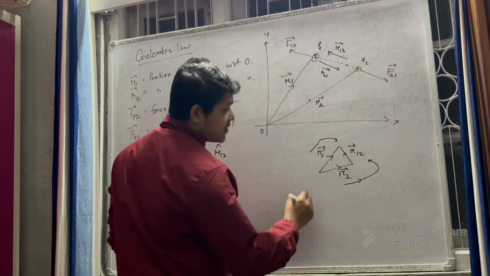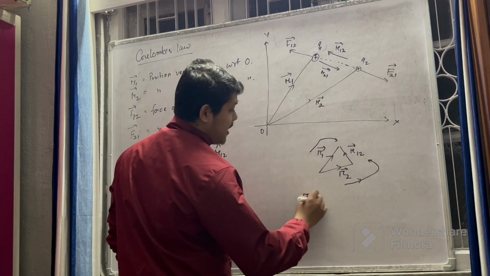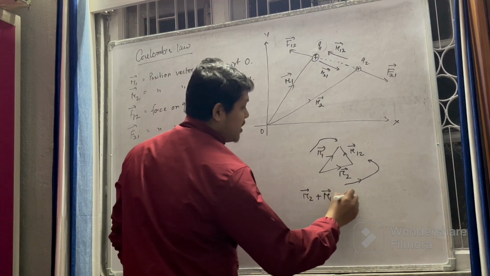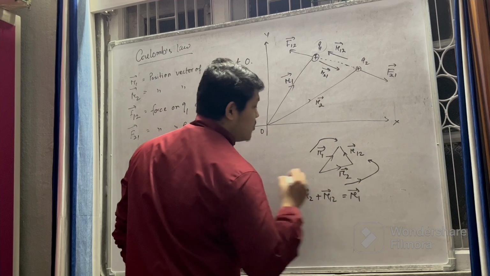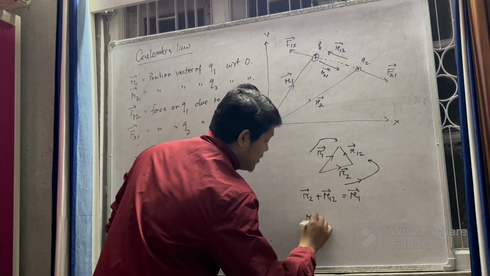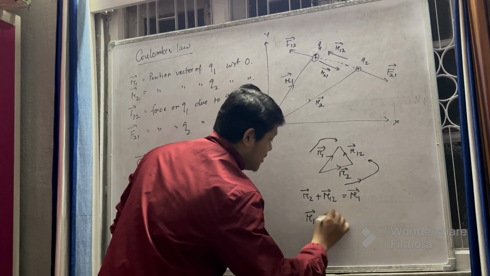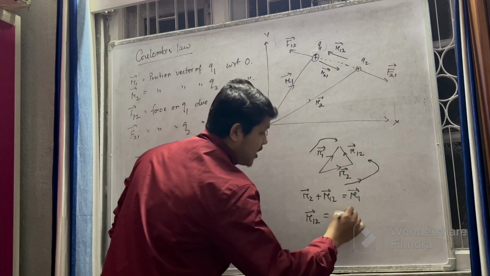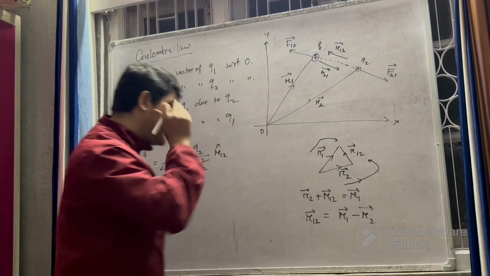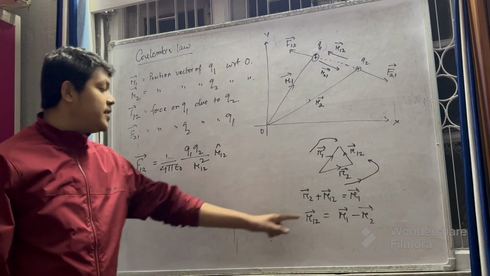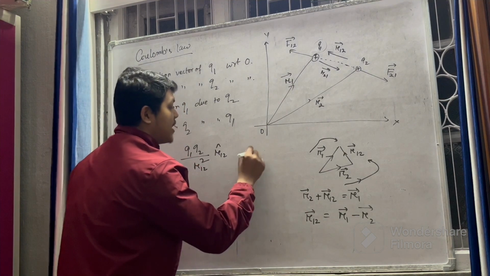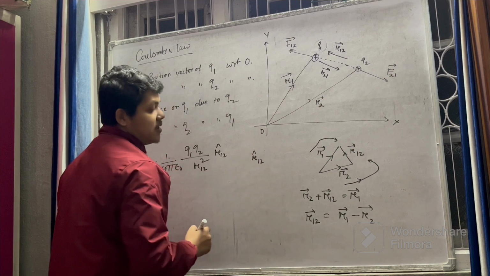So we can write that R2 vector plus R12 vector is equal to vector R1, right? So from here we can write clearly that R12 vector is equal to R1 minus R2 vector, right? Similarly, if you calculate the unit vector of R12, then how to calculate that?